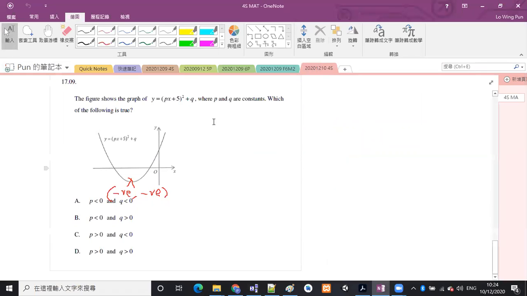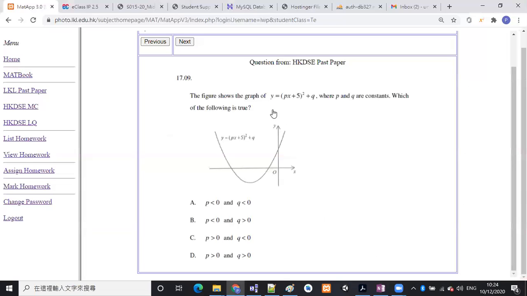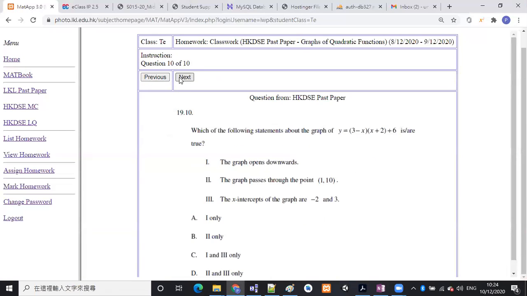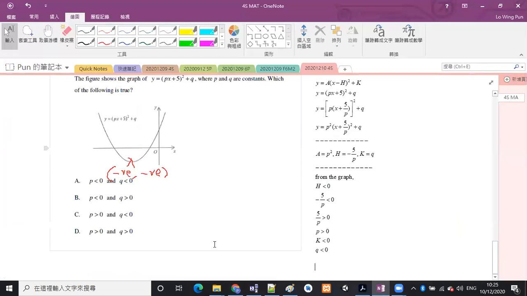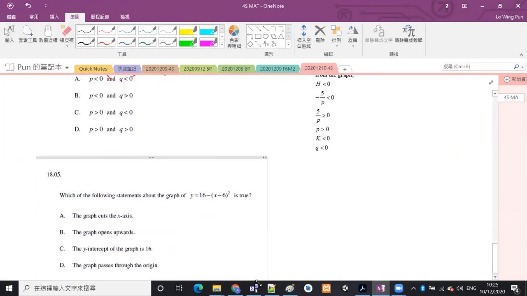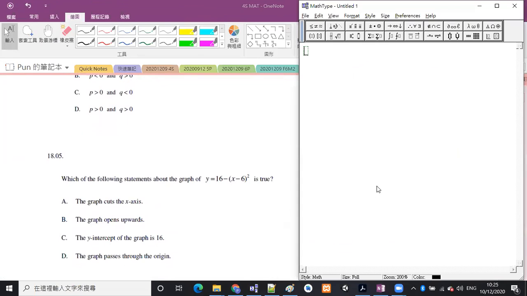Can you get this? 好，講多題啊。呢條好簡單啫。Which of the following statements about the graph y equals 16 minus (x minus 6) square is true?